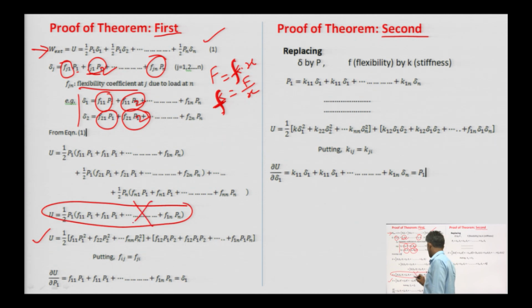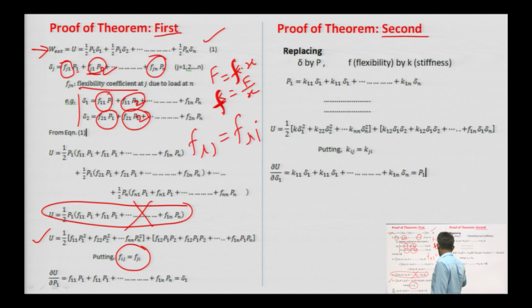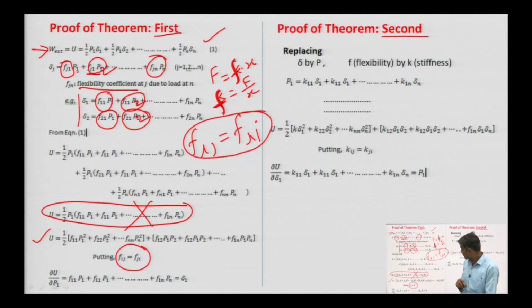By putting this and arranging, flexibility coefficient f i j is equal to f j i, both are the same according to Maxwell's reciprocal theorem.